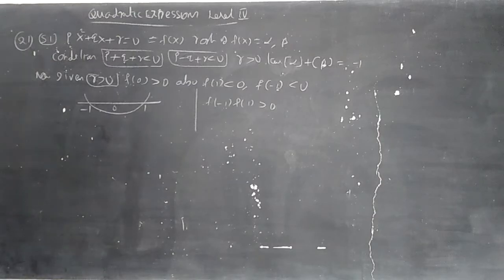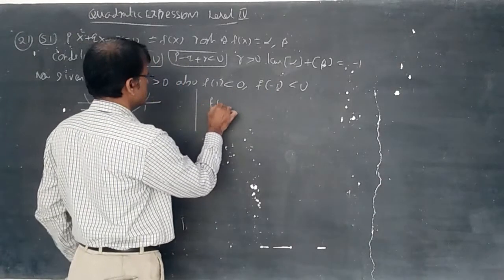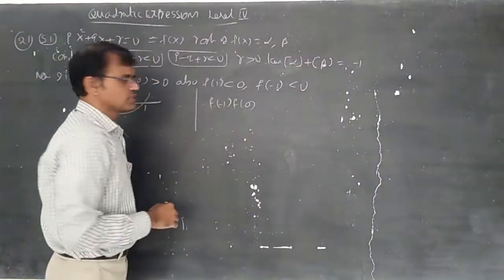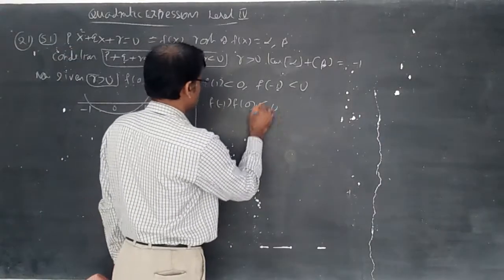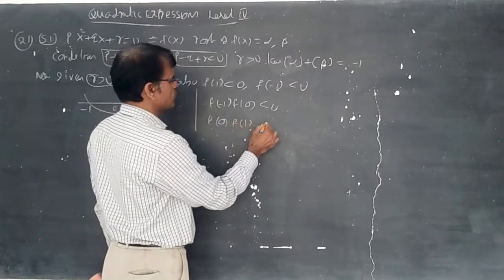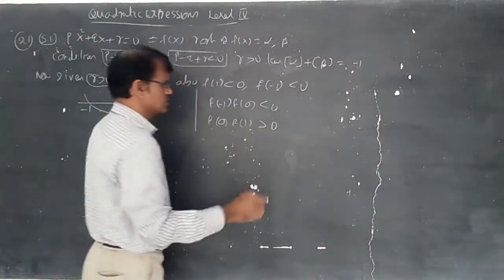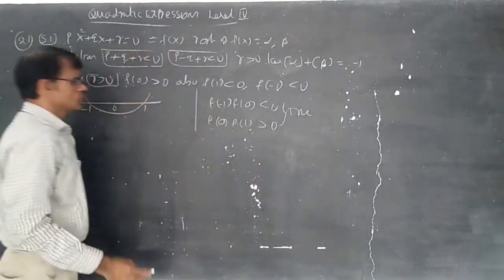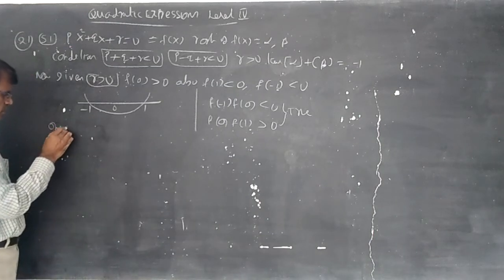We can understand using f of minus 1 into f of 0: negative into positive, negative. And f of 0 into f of 1 is also negative. This is the concept. Yes, this is true. So using this concept, one root you can understand.